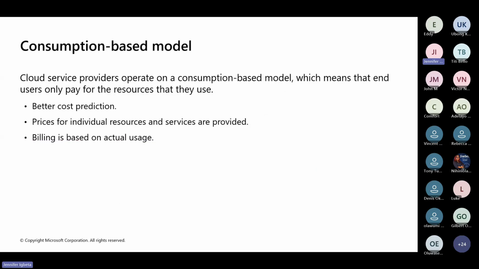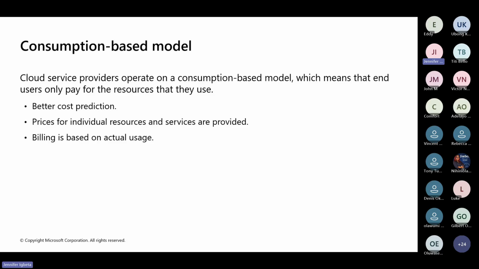So that leads us to the next thing, which is the consumption-based model. This is exactly what we are talking about: pay as you use. Cloud service providers operate on a consumption-based model, which means that end users only pay for the resources that they use. The beautiful thing about this model: number one, better cost prediction.